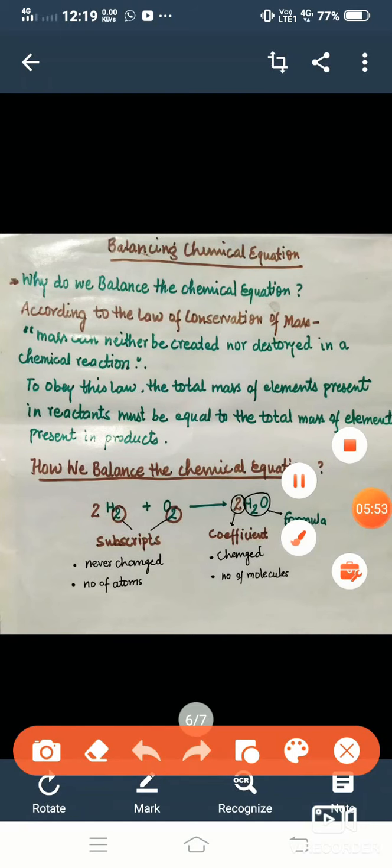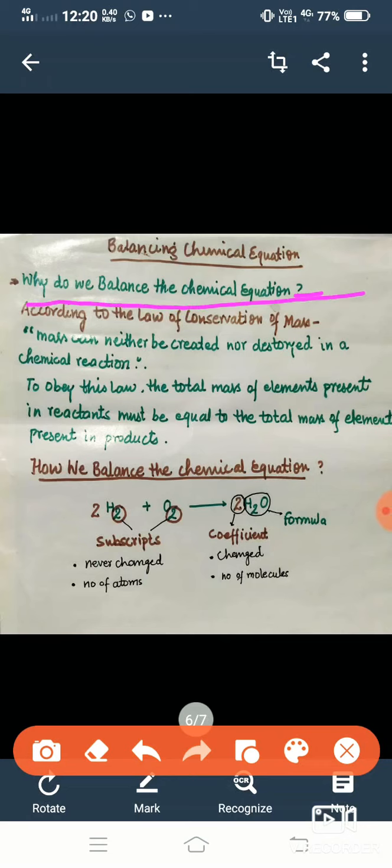Balanced chemical equations are, as I told you, those in which the number of reactants equals the number of products. If the equation is not balanced, we have to balance it. Here the question arises, why do we balance the chemical equation?